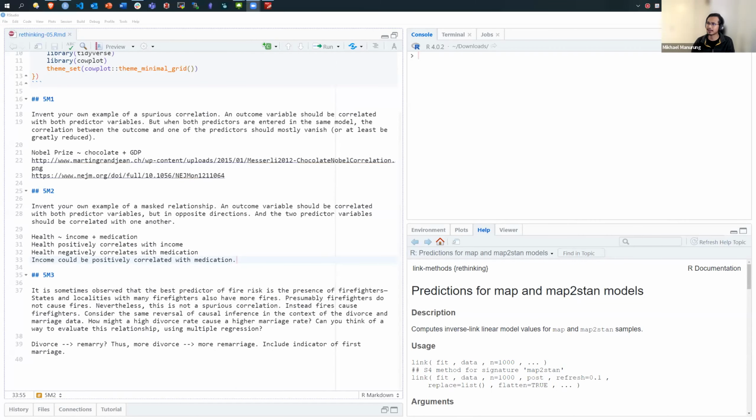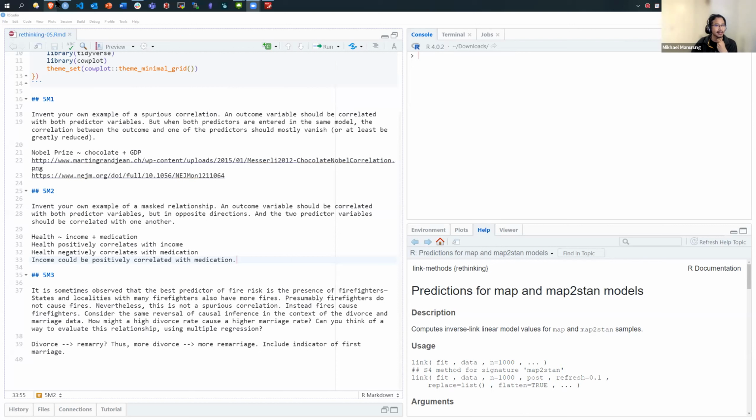Well, I am. I don't have a nice presentation, but I have the questions and my scribble of the solutions. For 5M1, an example that comes to my mind is the number of Nobel Prize winners per country and its association with chocolate consumption as well as GDP.